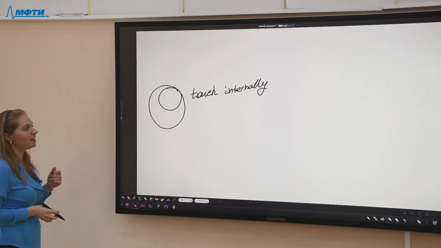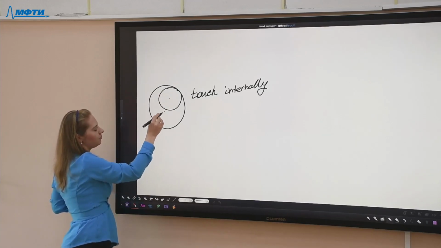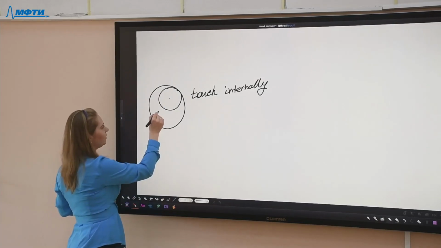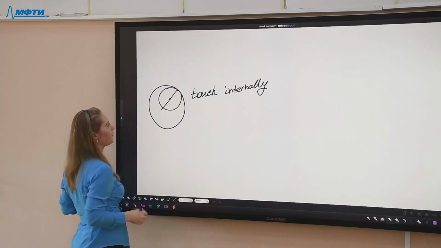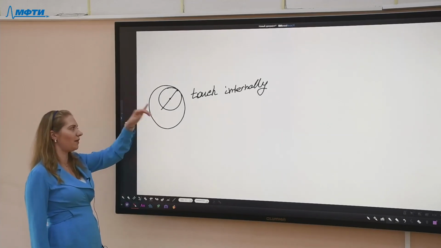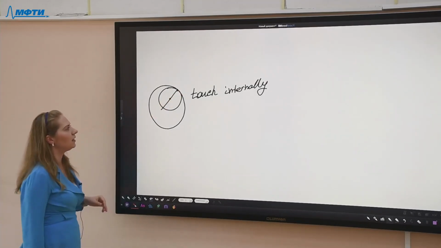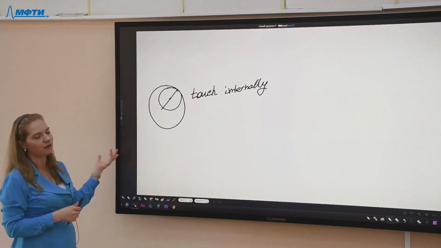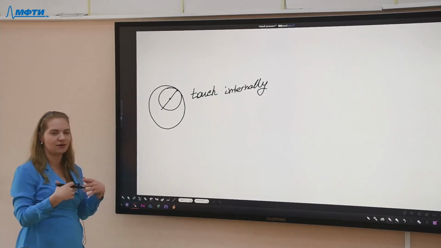And what can we say here? If we take a radius of this large circle, and we join the center of the large circle with the center of the small circle, and then produce this line until it passes through a point on the small circle and on the large circle, this line will be a diameter of the small circle.